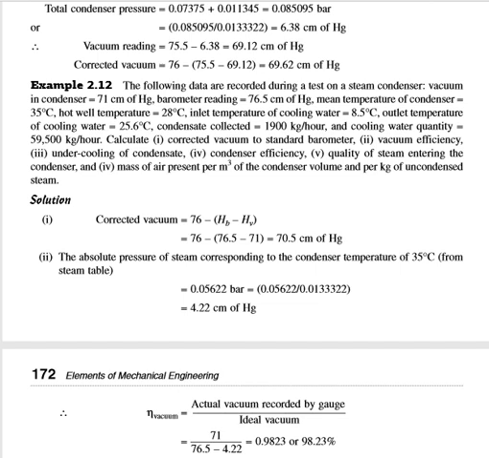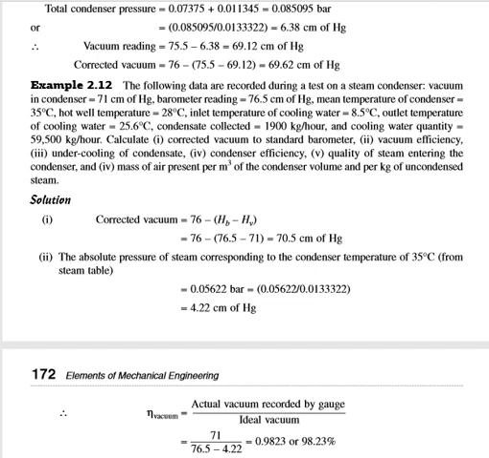Calculate the corrected vacuum to standard barometer. You have to find the vacuum efficiency, undercooling of condensate, condenser efficiency, and one more thing added in this numerical, the quantity of steam entering the condenser. That is, how much steam is entering the condenser you have to determine. And then another one, the mass of air present per meter cube of condenser volume and per kg of uncondensed steam.